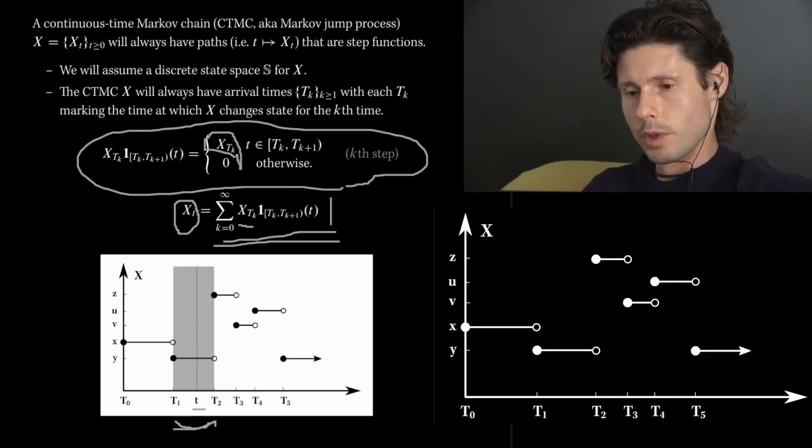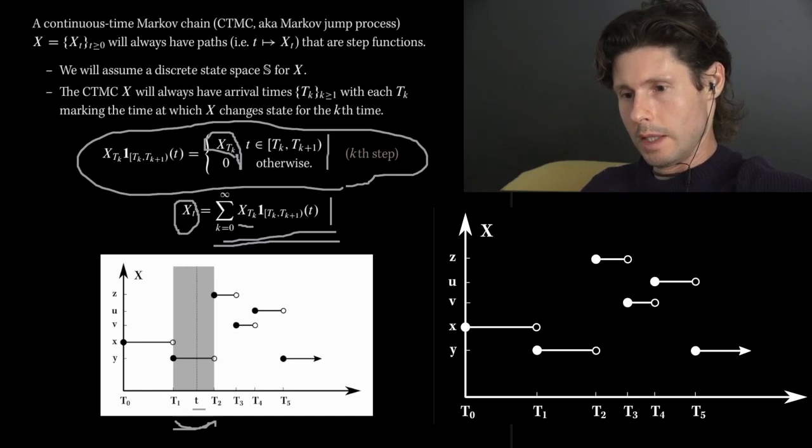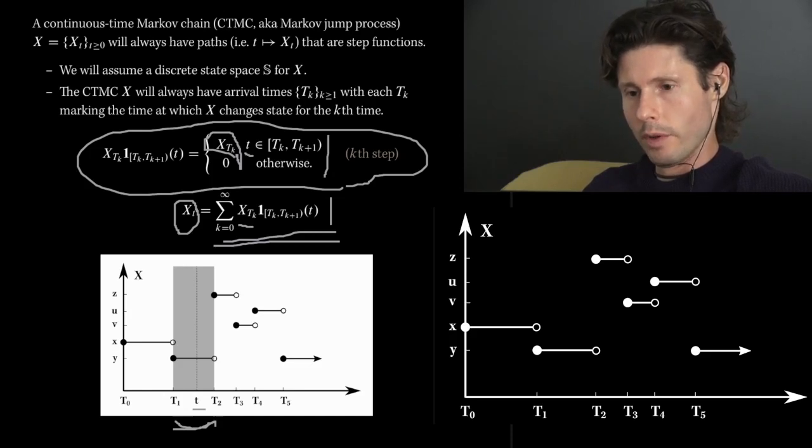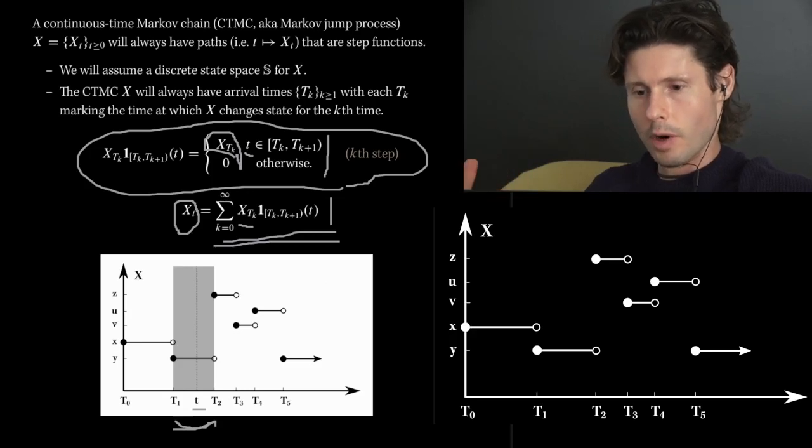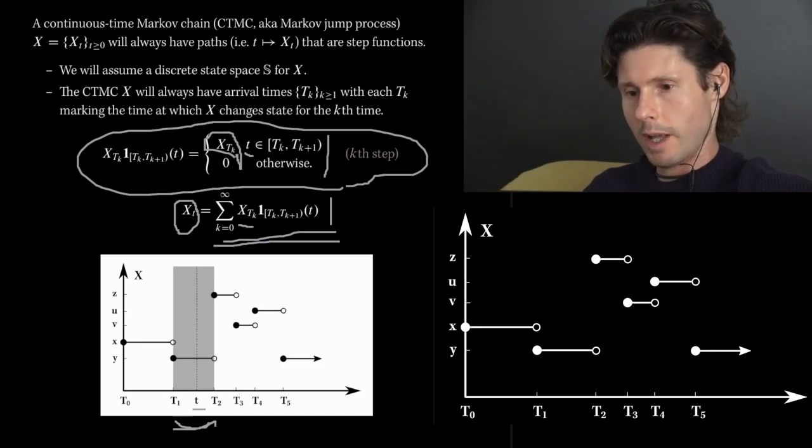The reason we use the sum is just to avoid writing an if statement. It's just a matter of notation, but hopefully you see what's going on here. We have these steps. Any little deterministic time t that we want to know the value of the process at is going to pick out exactly one step. So if we sum up over all, it gives us the precise value that we want.